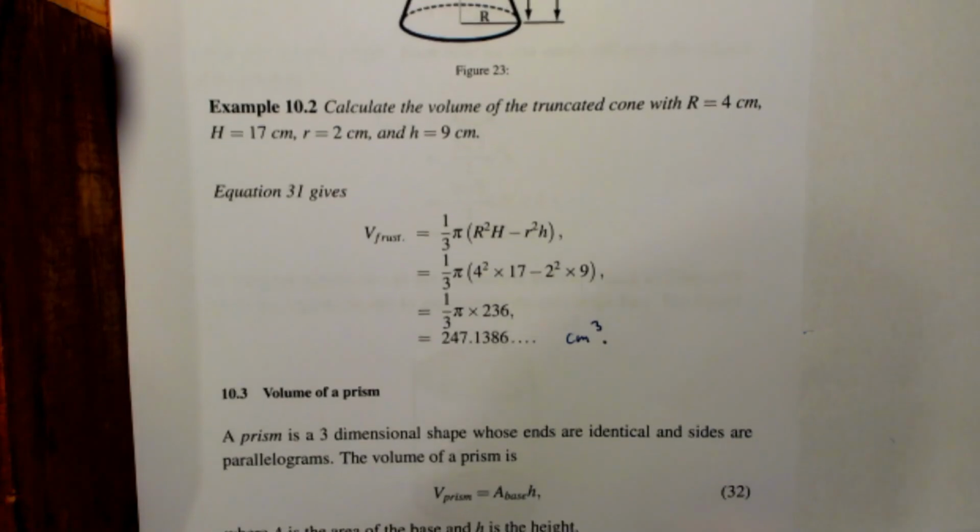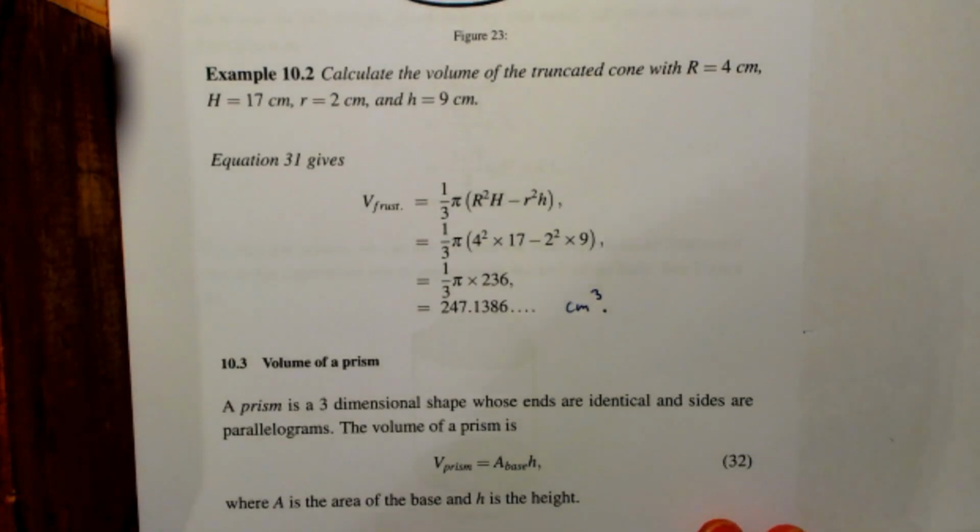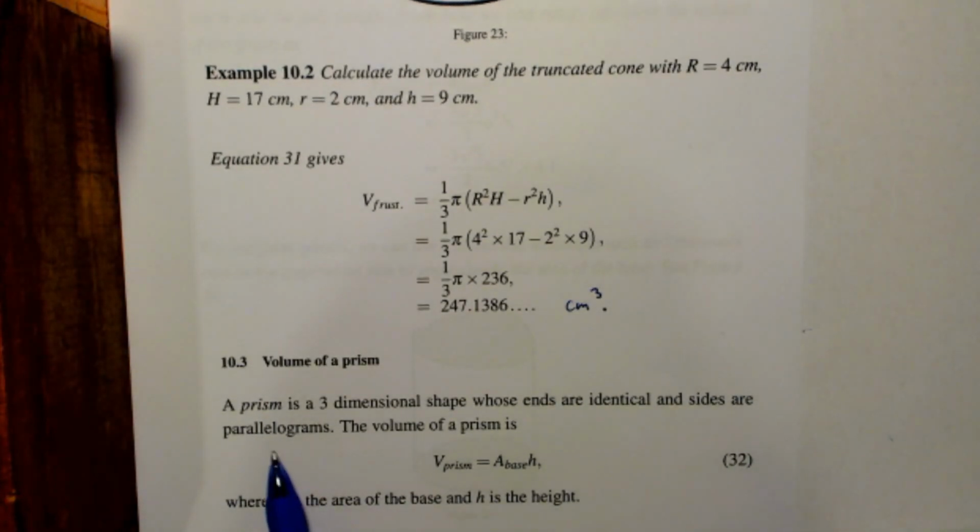Alright, let's move on to the volume of a prism. So a prism is a three-dimensional shape whose ends are identical and sides are parallelograms. The volume of a prism is given by the area of the base times the height.